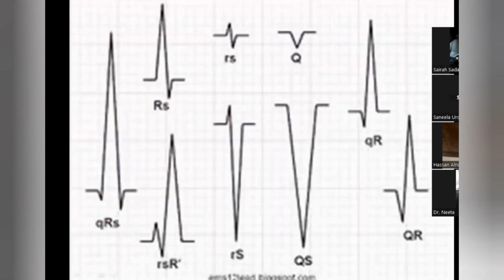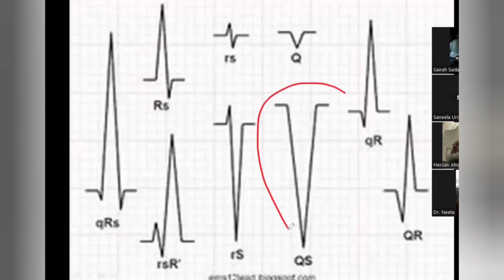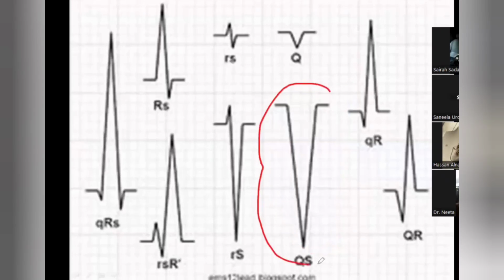Now, these are different shapes and morphologies of the Q wave. A Q wave can be seen like this, that is normal. A Q wave can be absent, it's also normal. A Q wave can be seen like this, a common finding when the patient has some old ischemic changes, so that patient will have a QS pattern.